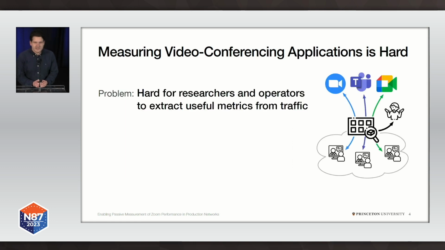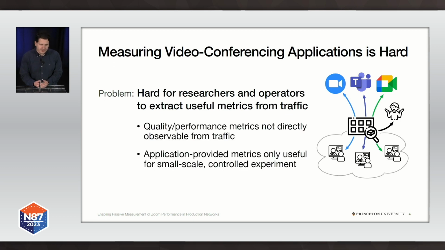Now, network operators have massive amounts of video conferencing traffic from all of these different applications running through their networks, but getting these metrics from the traffic through passive measurement is actually pretty complicated. The main reason for that is that these quality and performance metrics are usually not directly observable from the traffic. There are some applications, including Zoom, that do provide some sort of QoS data through their application.